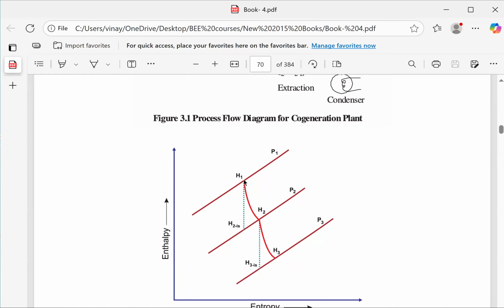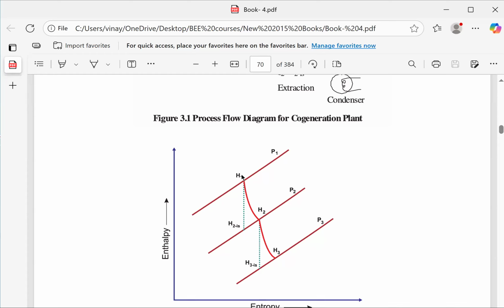So ideally, this H1 should have dropped when it is dropping from pressure 1 to pressure 2. The heat drop should be like this straight, isentropic, ideally. Why ideally? Because then there is no losses, no friction loss, and so many losses occurring in turbine. They are ignored, and straight away it should have gone here.